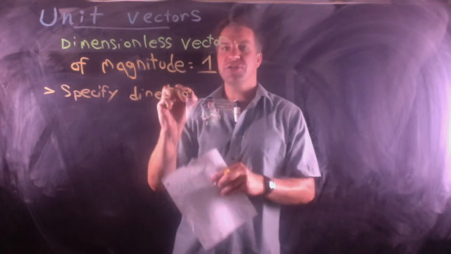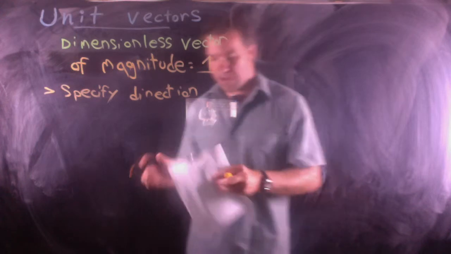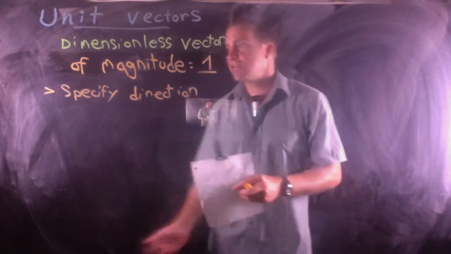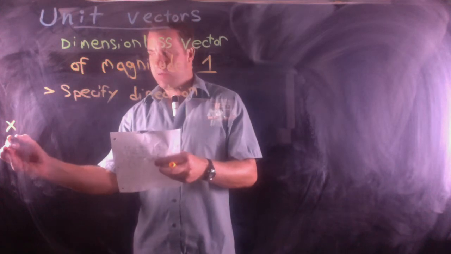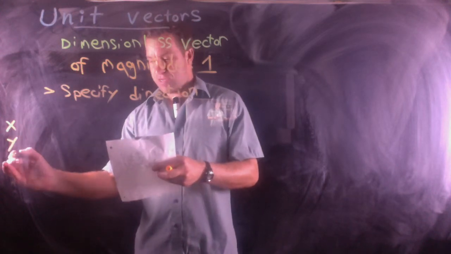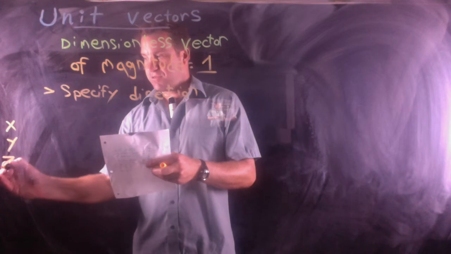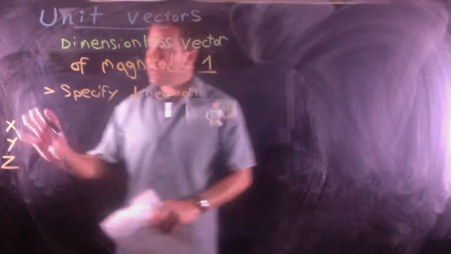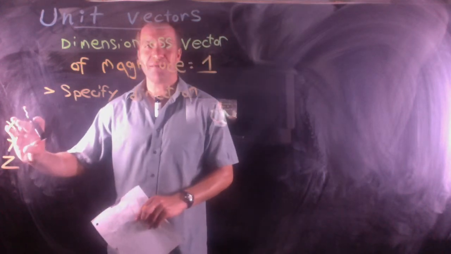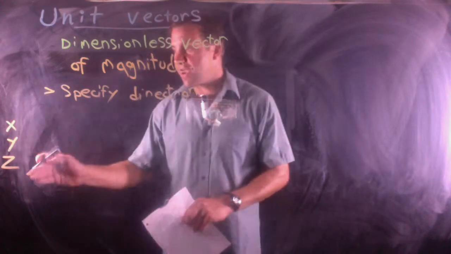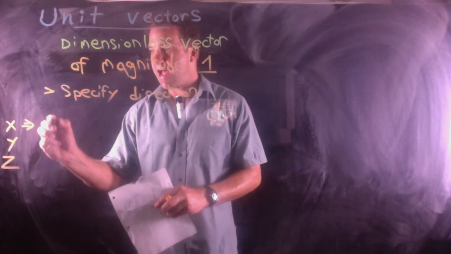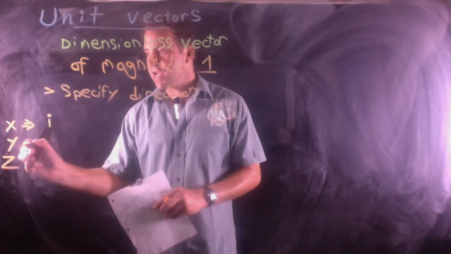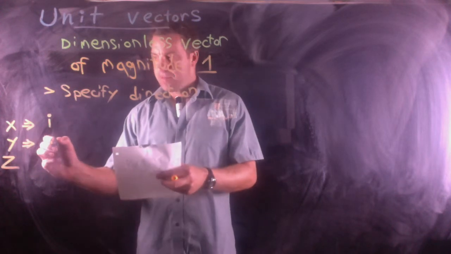Now, in our Cartesian coordinate system, we said that you have x, you have y, and you have z. So we want to correspond unit vectors that line up with these. Here's the ones we're going to choose, okay? So we're going to choose i, j, and k.